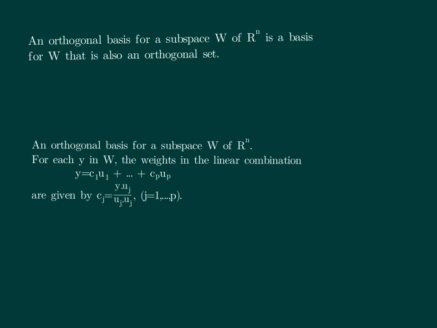All right, we want to consider an orthogonal basis of a subspace W of Rn: a basis for W that is also an orthogonal set. So again, if we have a basis, I think in the previous slide we called it S, and it's got p vectors in it.